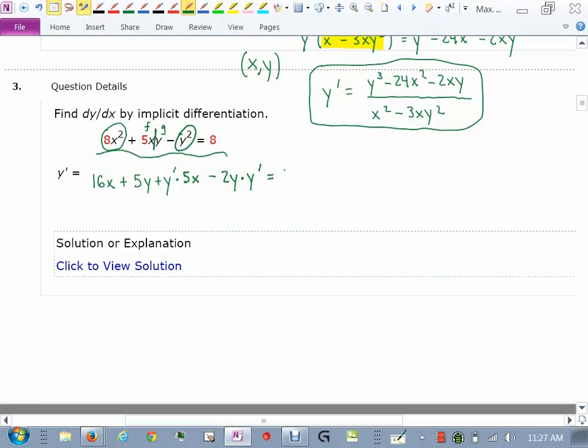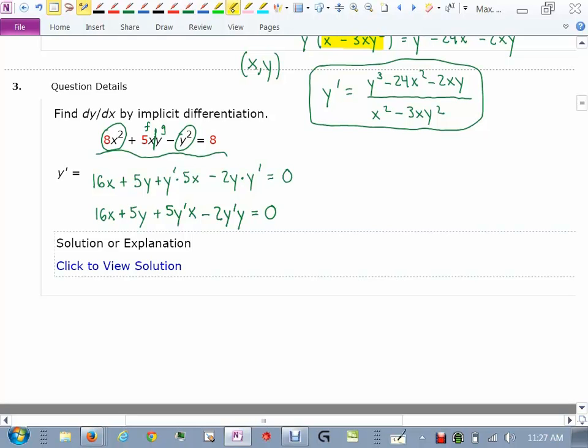Then equals the constant, take derivative of constant on the other side, you get 0. So here's where I am. I've got 16x plus 5y plus 5y prime x minus 2y prime y equals 0.